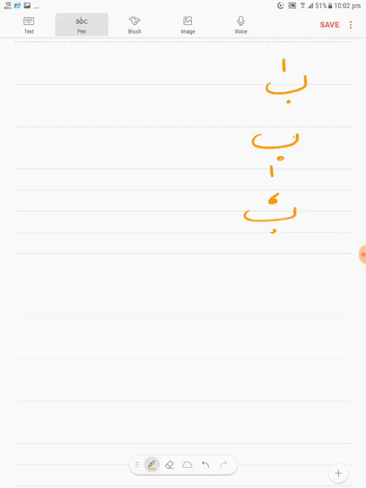These also are functioning as madul asli.